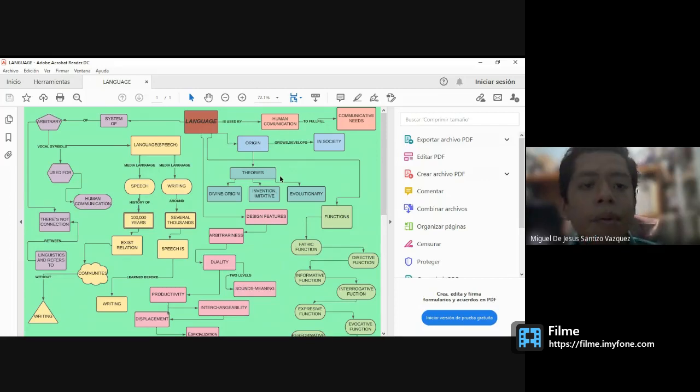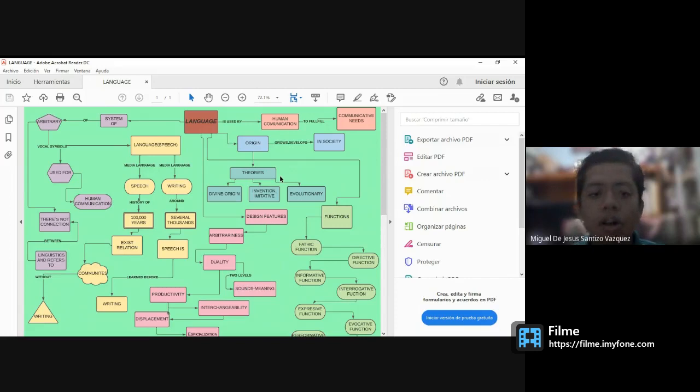For example, in language or speech, we can find media language. Speech has a history of 100,000 years, and it has a relation with communicating without writing.